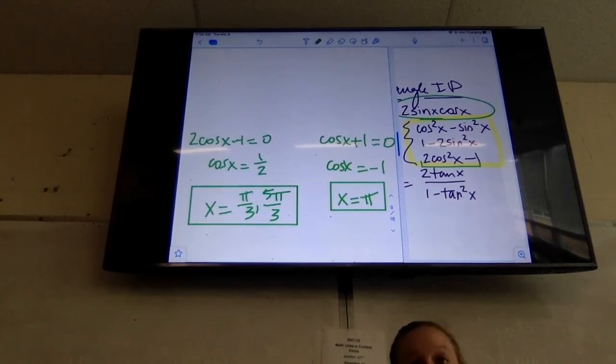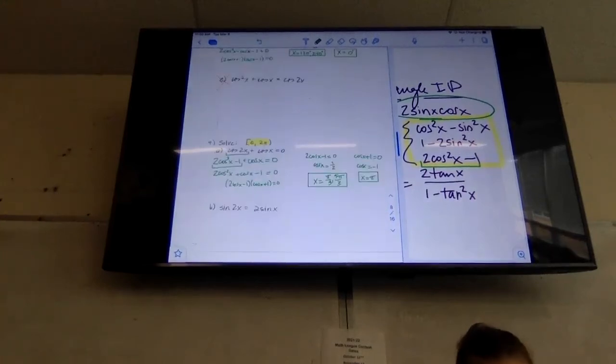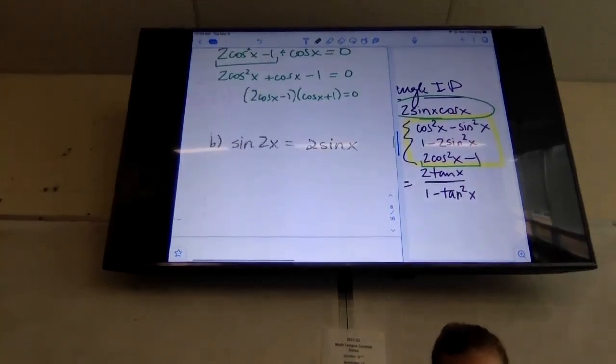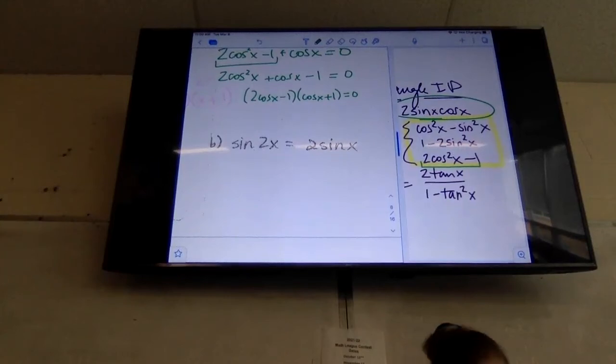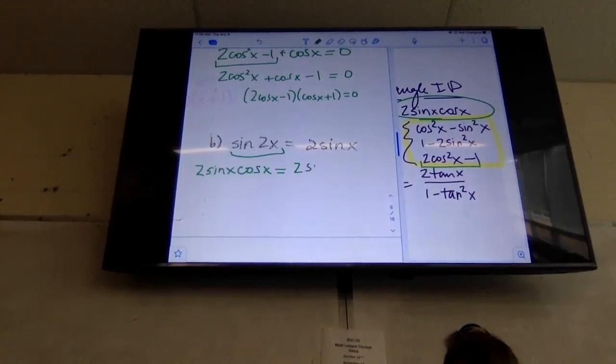Okay, I got one more. Everybody buckled up for one more? Okay. Last one. Sine 2x equals 2 sine x. Let's replace my sine 2x again, just like we have before. This one becomes 2 sine x cosine x equals 2 sine x.